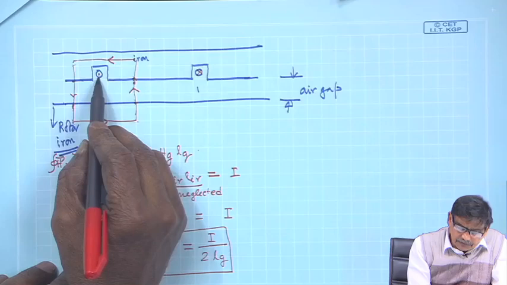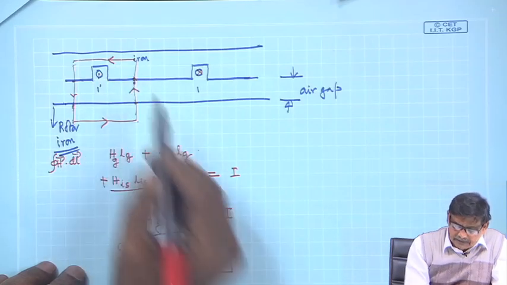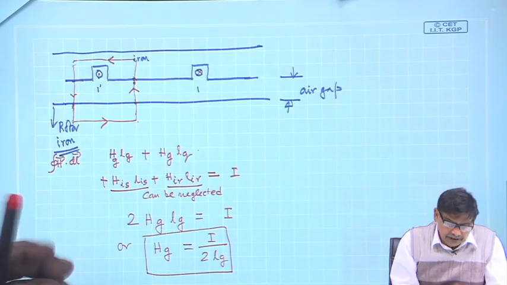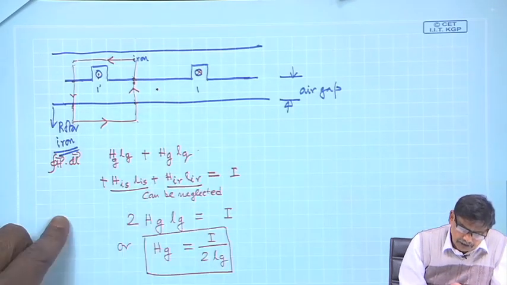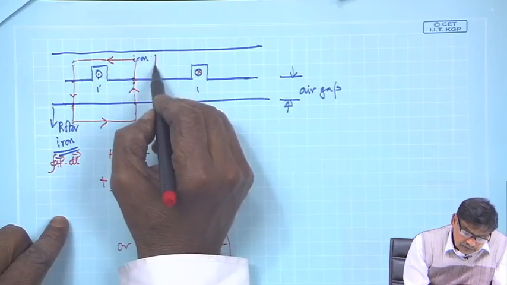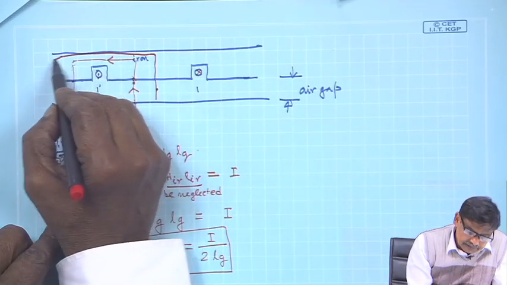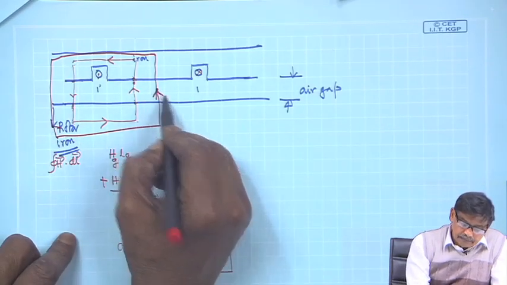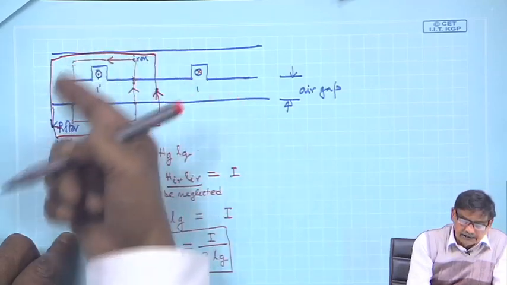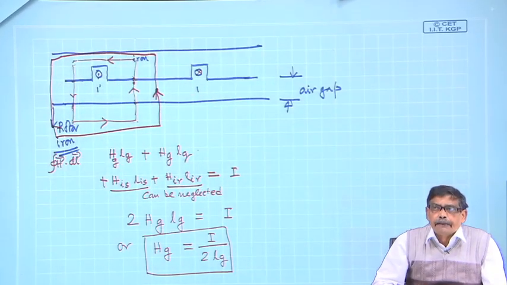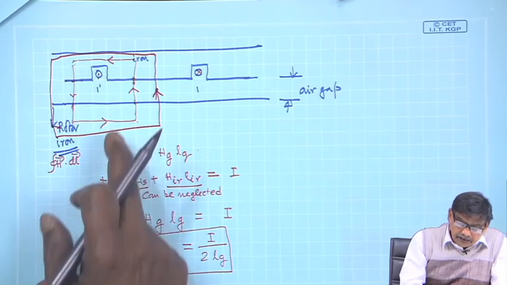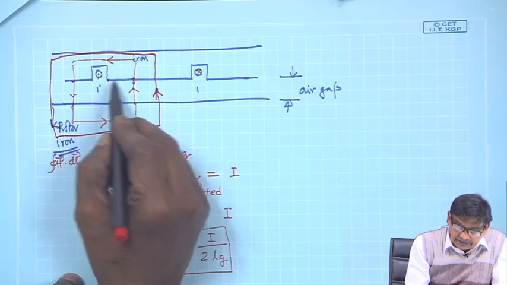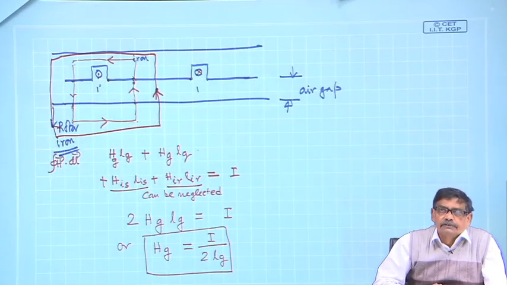So, at a given distance from this point, say x, this is the field. What about at this point? At this point, what is the value of H? You then consider another line of force here, and repeat this calculation Hg Lg, but once again current enclosed is same. Therefore, the value of Hg at any point from this to this will remain constant.